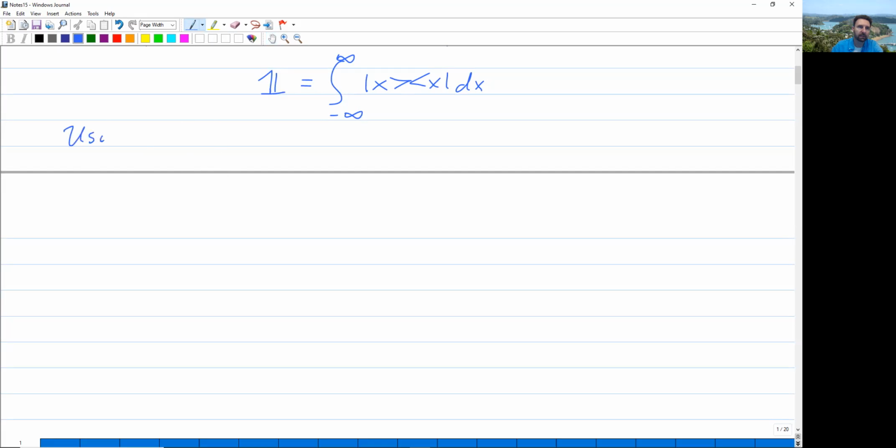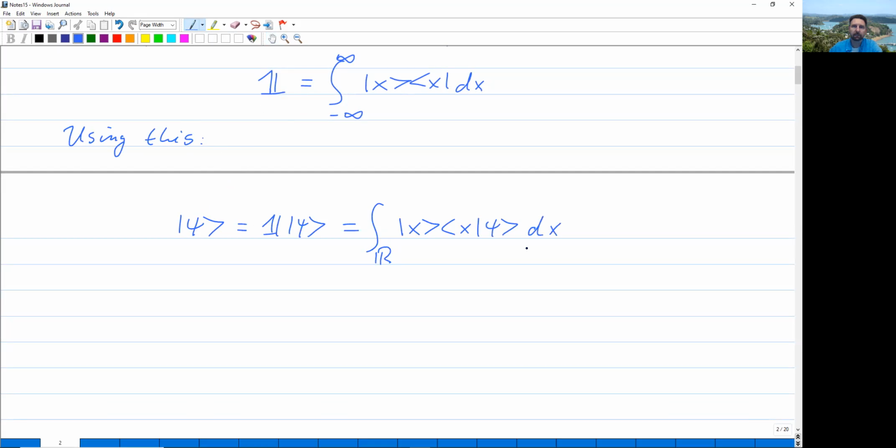So using this resolution of the identity, we can now write, for example, arbitrary vectors psi in the Hilbert space as identity acting on psi, which is the integral over r of |x><x|psi> dx.